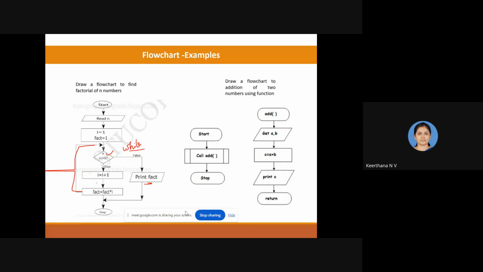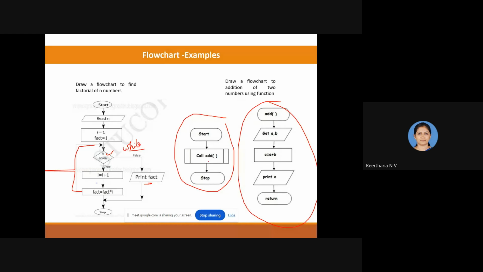stopped. If you are having a function, the flowchart is also divided into submodules, that is the main program flowchart and the function program flowchart. In the main program, if any calling function is used, it will be shown with this symbol, that is a rectangle with two lines.